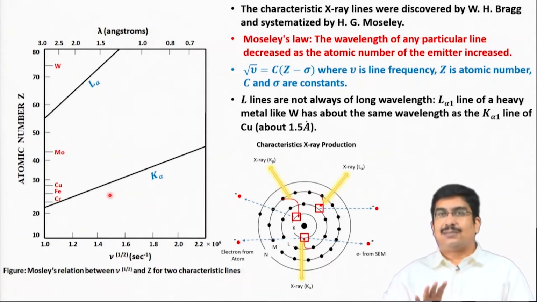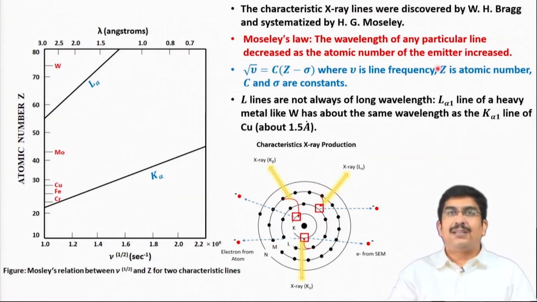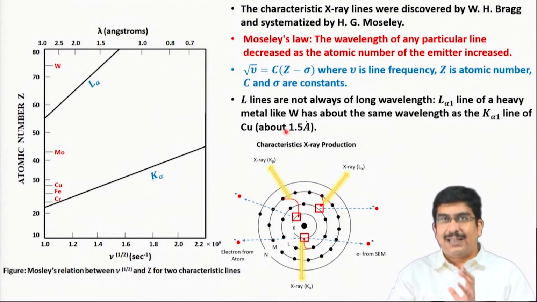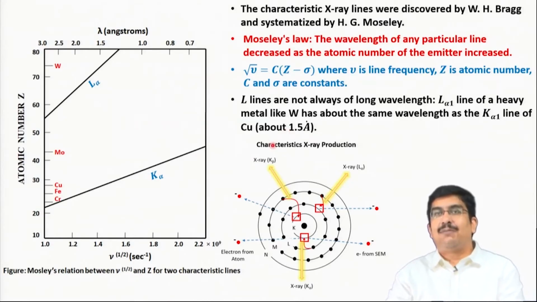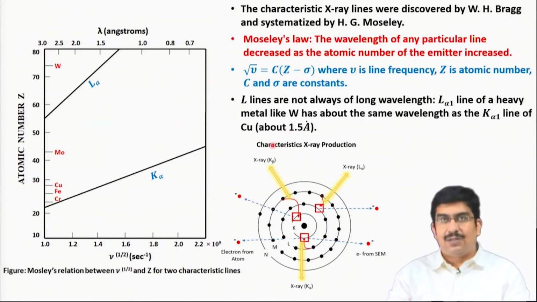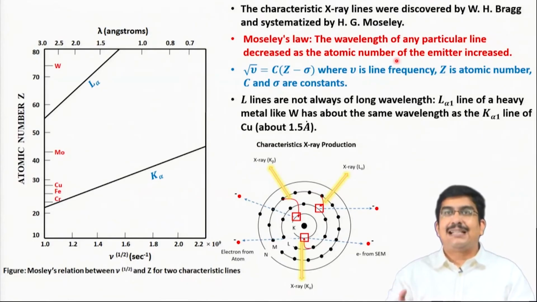Moseley gave a law connecting the wavelength of a particular characteristic radiation with the atomic number of the target metal used. Basically, the wavelength of any particular K radiation will decrease as the atomic number of the target metal increases.